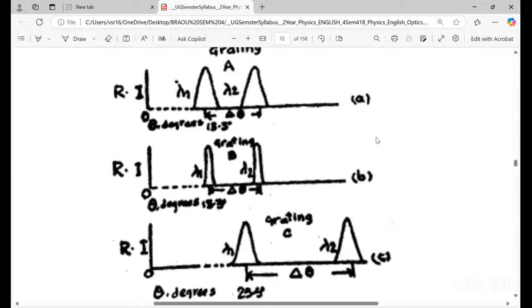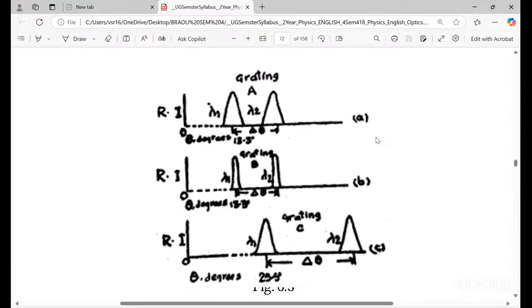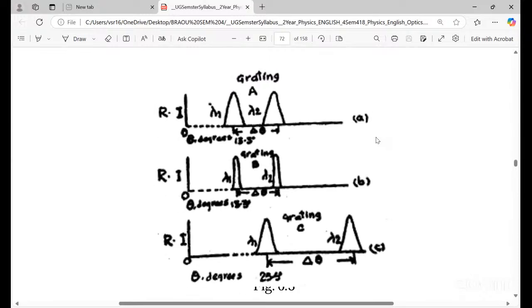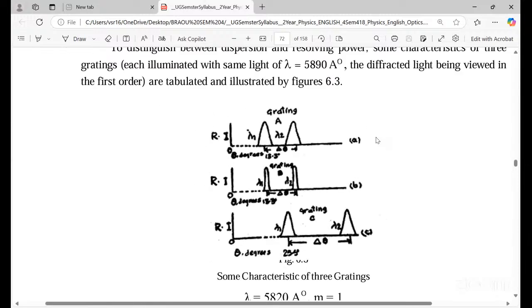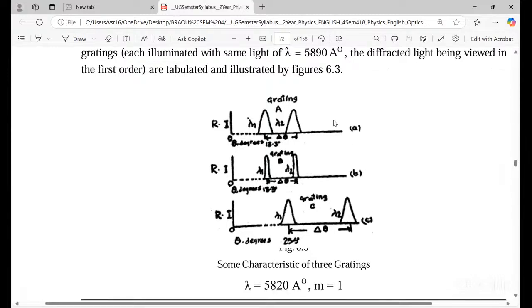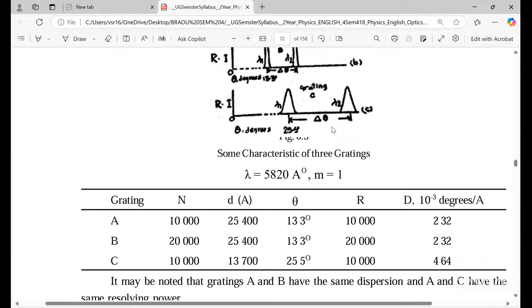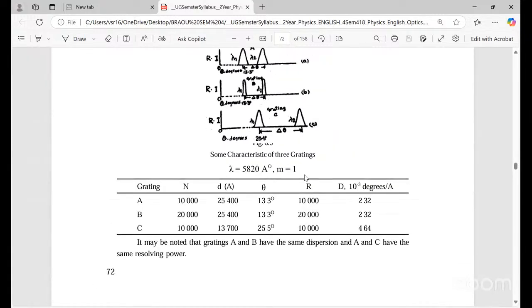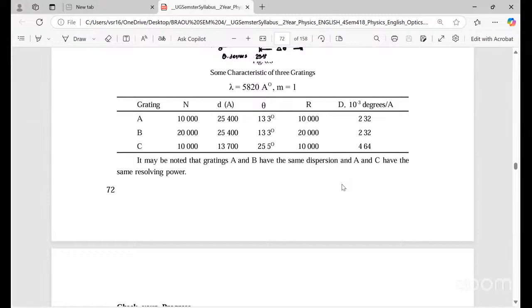But in my PPT, I have been showing you elaborately how these are separated, and you can easily observe the images of these three conditions and find out the characteristics of these three gratings.